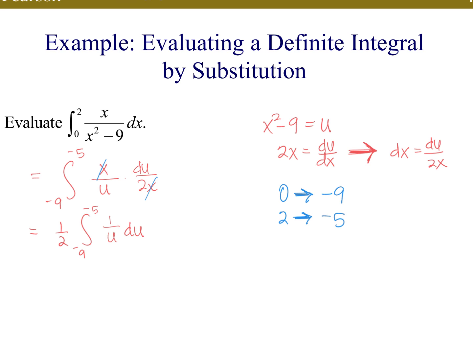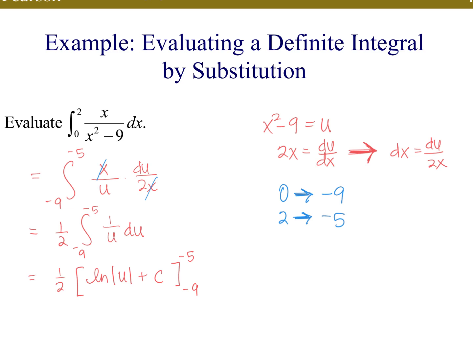So this format of 1 over u du is the only time I would use natural log. I'm not going to do it for 1 over u squared. I'm only going to do it for 1 over u. So this would be half, and now bracket, Giselle, natural log absolute value u plus c. And my bounds go from -9 to -5.